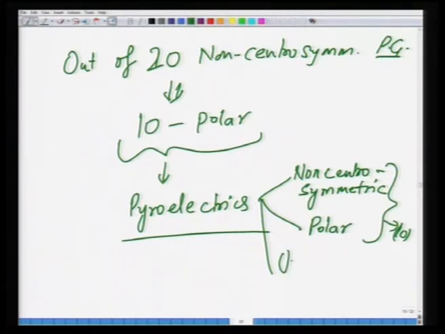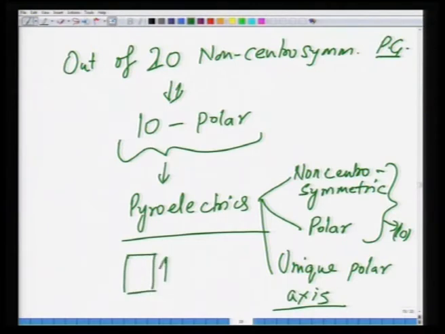The fact that the material is polar means they have this unique polar axis, and basically if you have a material like this, if this is the polar axis, the properties at the two ends of this axis will be different. So this is a unique polar axis. So these are the requirements for pyroelectric materials.